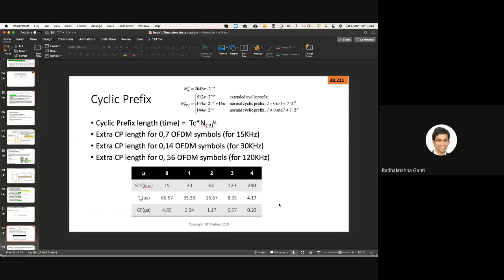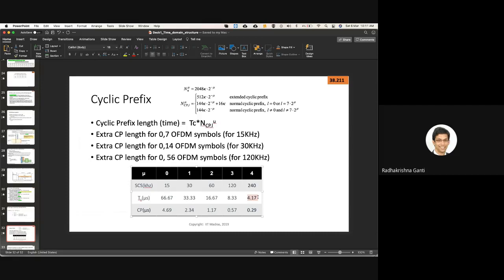If you are increasing your cyclic prefix, then you are wasting your resources. That's one thing. As your subcarrier spacing is increasing, your OFDM symbol duration is decreasing.